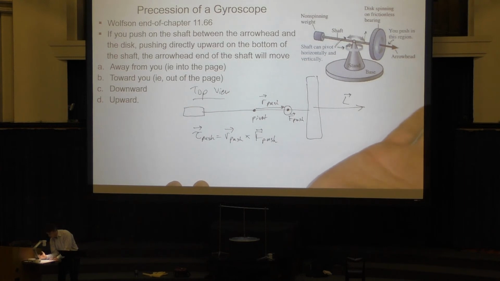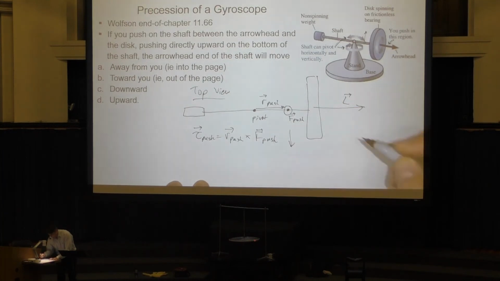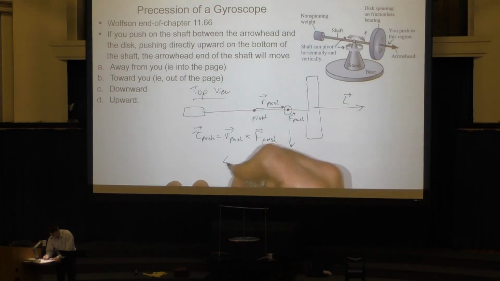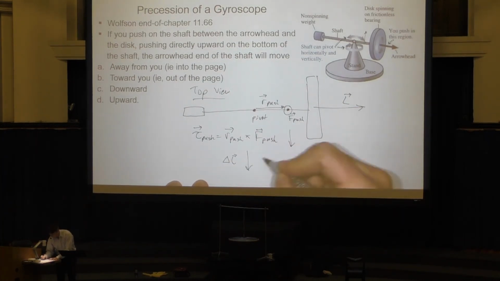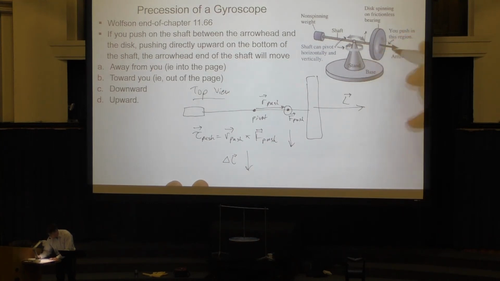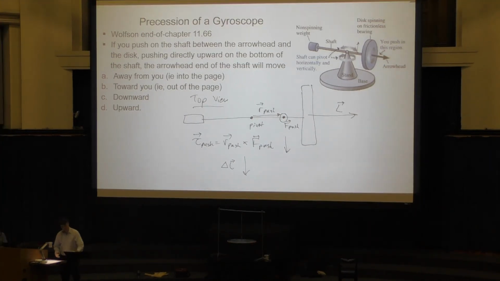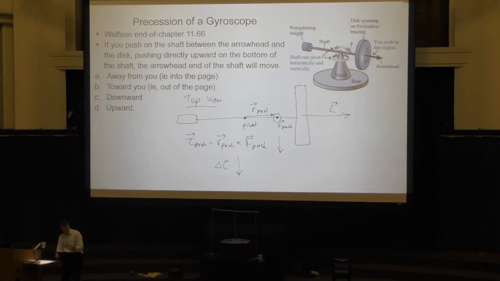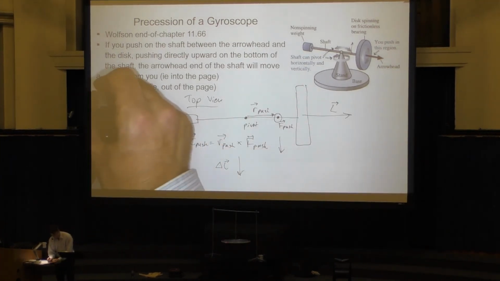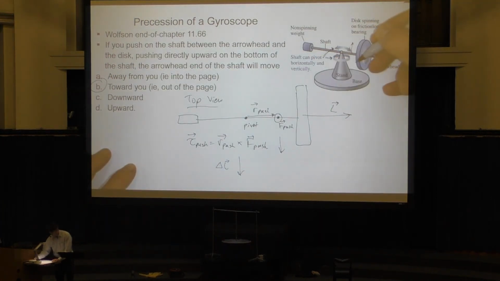So R cross F now is, it's hard to do that with my hand, but it's down like that. So delta L is down. So it's going to come towards you. Makes sense? It'll go kind of this way.